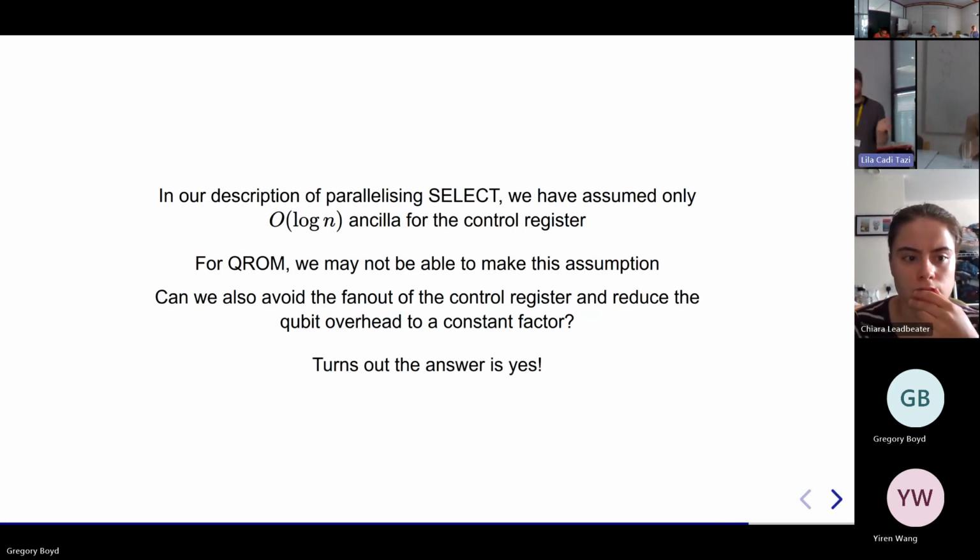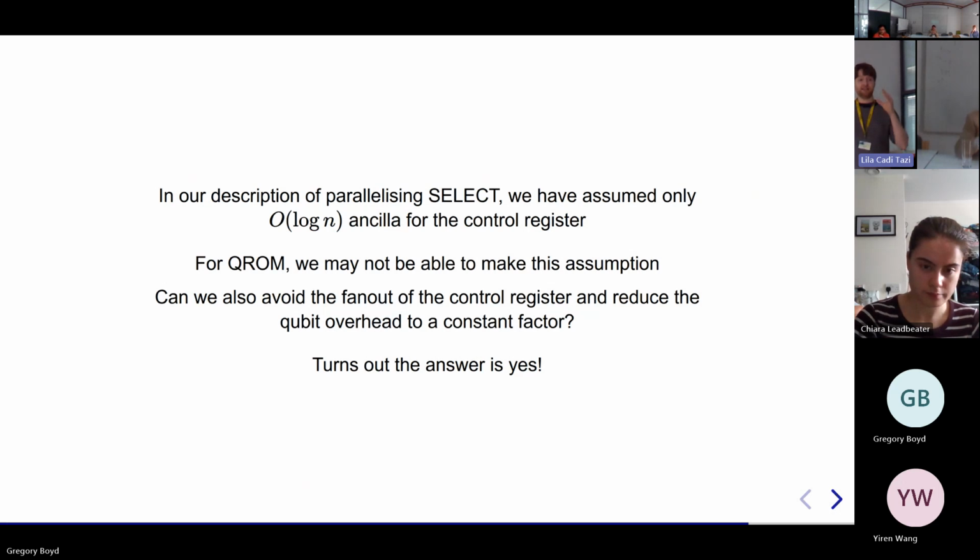It turns out the answer is yes. You can also use Clifford transformations to change the action of the controls in the control register, under most cases, not all cases, in order to only need a constant factor more qubits for that register as well. So we need a constant factor more qubits for the main register because we need like 3n for the Clifford transformations. And we can also reduce the control register to a constant factor of qubits as well.